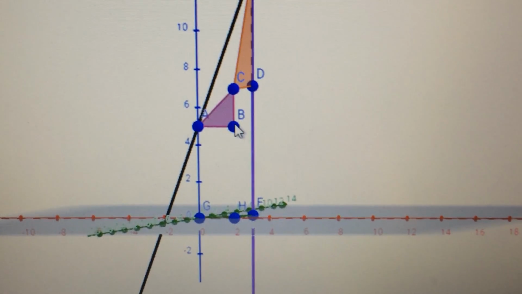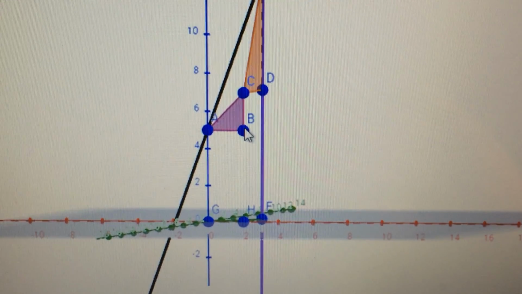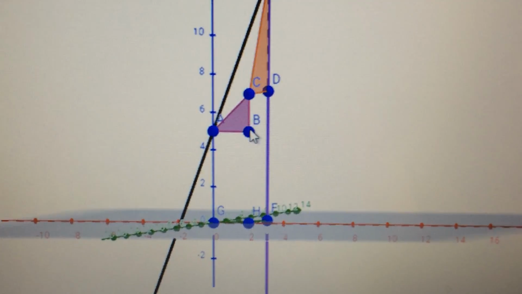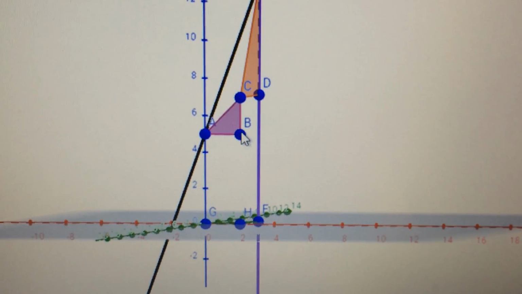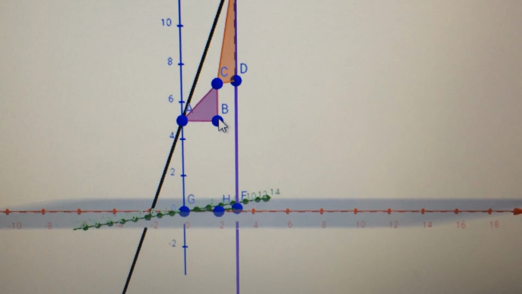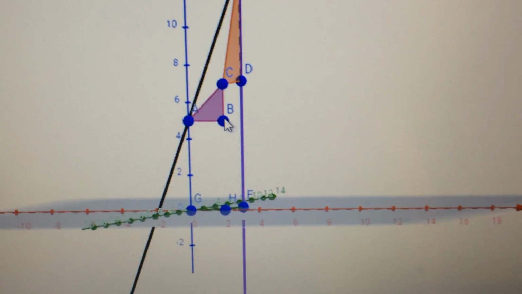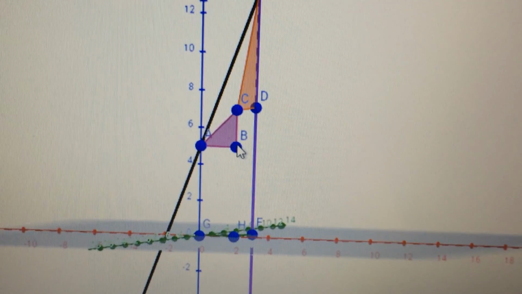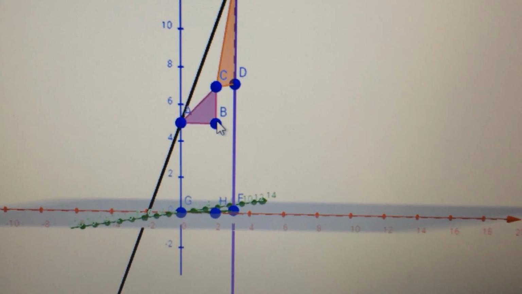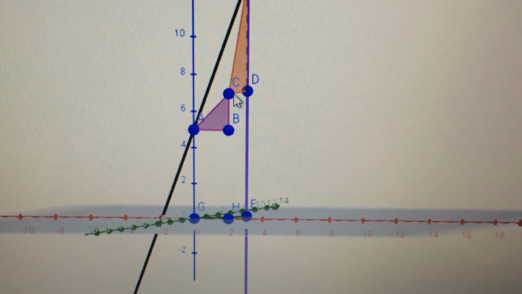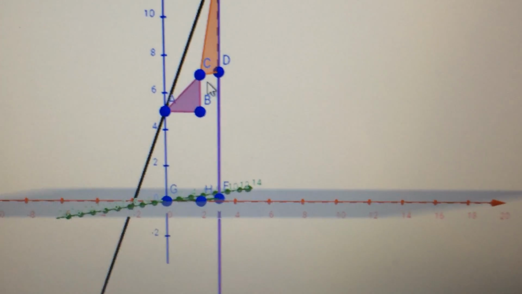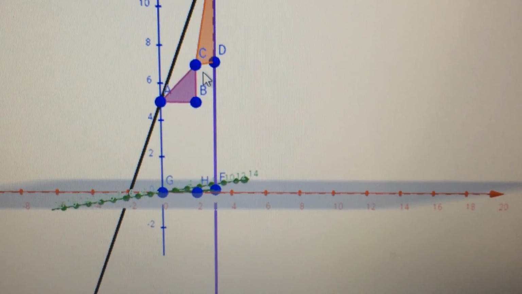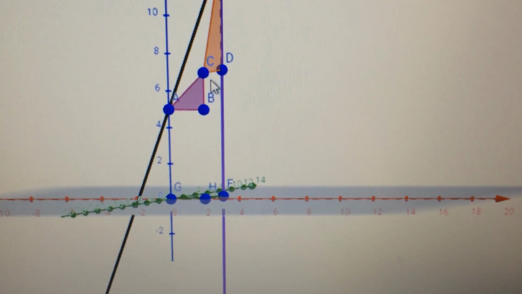But I want to find eventually my total z value in the x direction. So what I'm going to need to do for that is my mx is 1 and my change in x is 2. So if I multiply the two together, I get the value of 2. That value of 2 is going to show me what this next leg is, which is CB. So I'm going to add that value of 2 to the z value I already have.